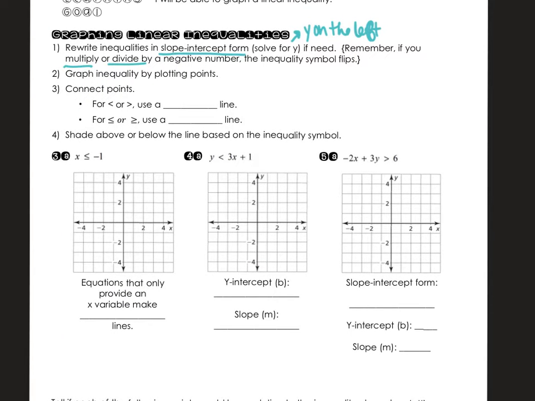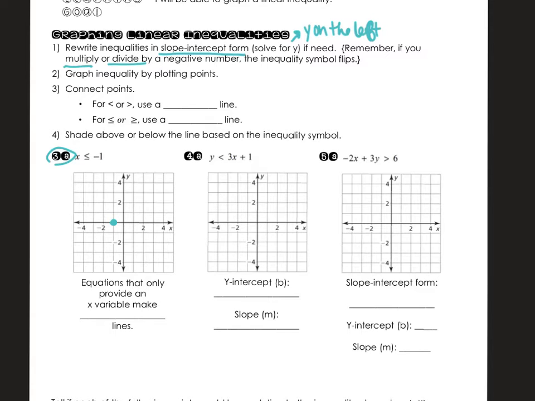So 3a, we have right here, x is less than or equal to negative 1. Okay, that one is already solved. There's no more simplifying I can do. It's not really in slope-intercept form because there is no y at all. So that's a little different that way. So x is negative 1. Remember, x negatives are on the left side here. So I want to just plot negative 1.